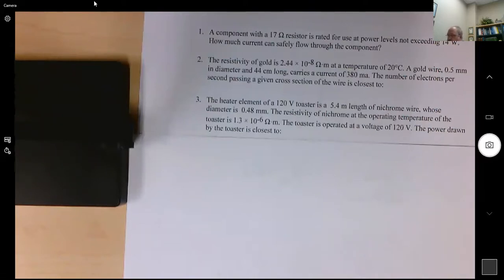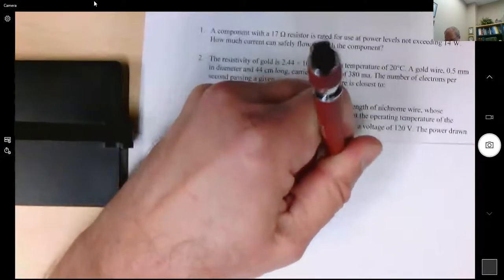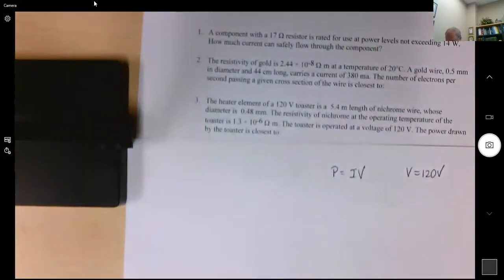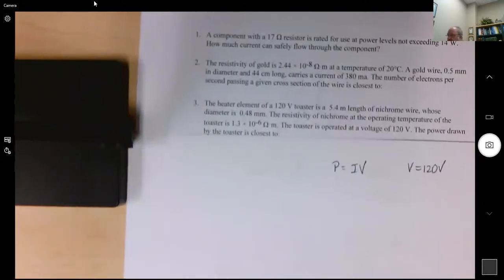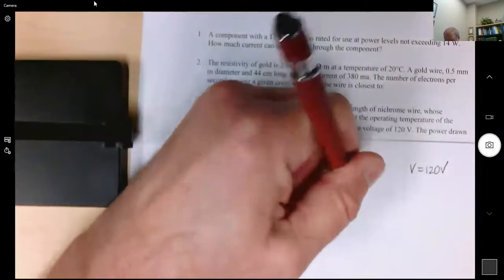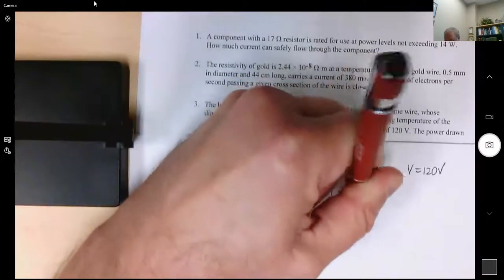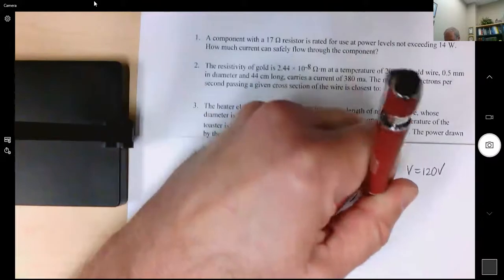So the power drawn is just going to be the voltage times the current. Okay, so we know voltage is 120 volts. Now all we have to do to find the current is just take that voltage divided by the resistance of the toaster.